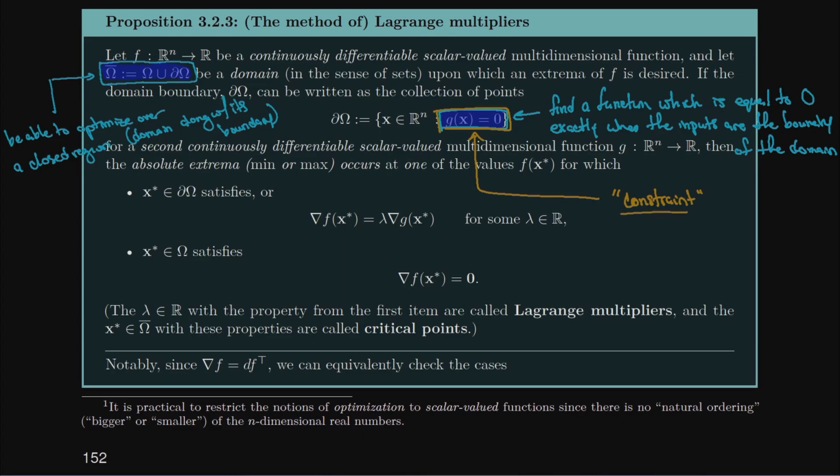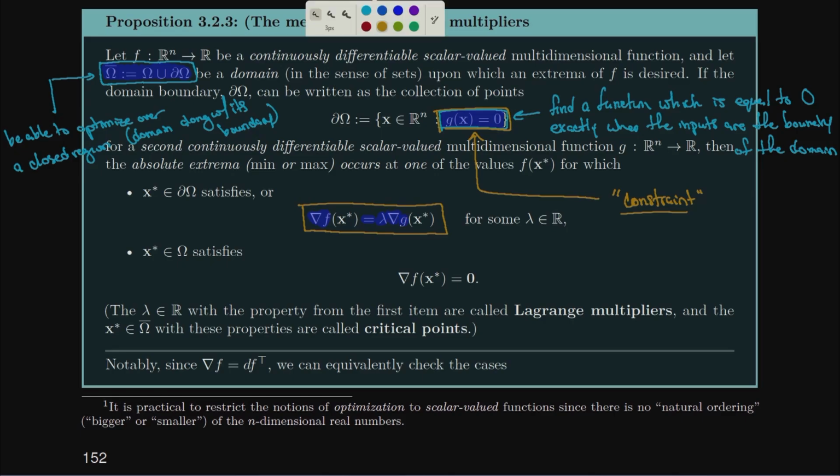Lagrange multipliers says, if you can identify that function, which you often can, and we're going to see in our examples that the function is either directly presented to us or very easy to extract, then what am I actually looking for? I'm looking for the gradient of the function I want to optimize to be equal to a scalar multiple of the gradient of the constraint.